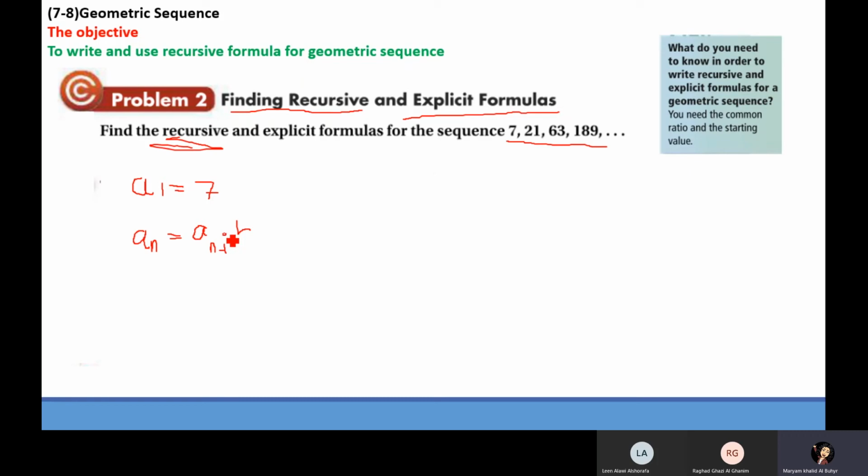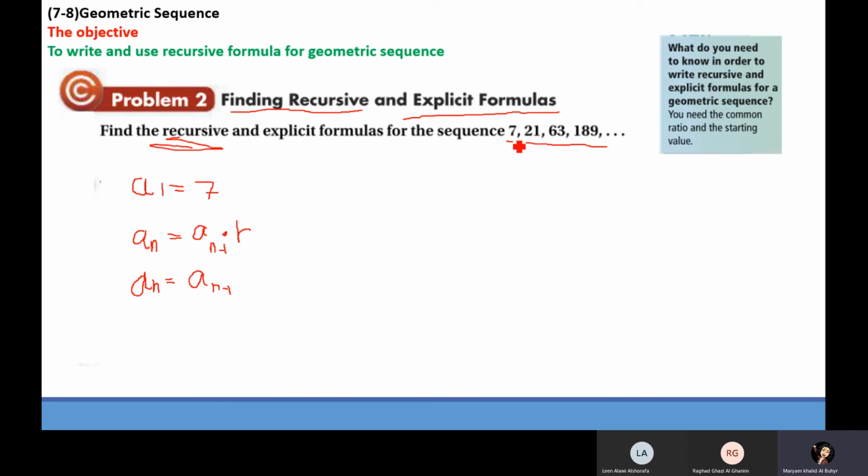So I'm going to replace all these things that I need here. I will keep the general form as it is, an equals to an minus 1. Then I'm going to find what is the r here between them.